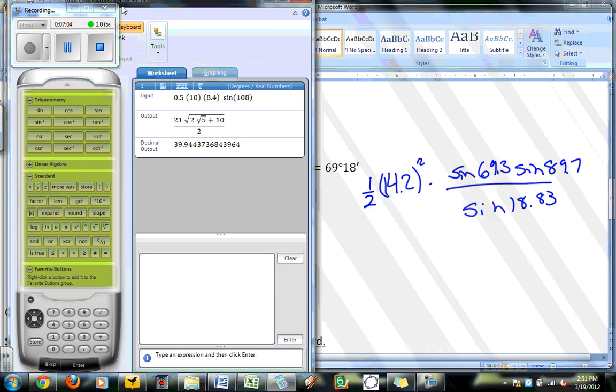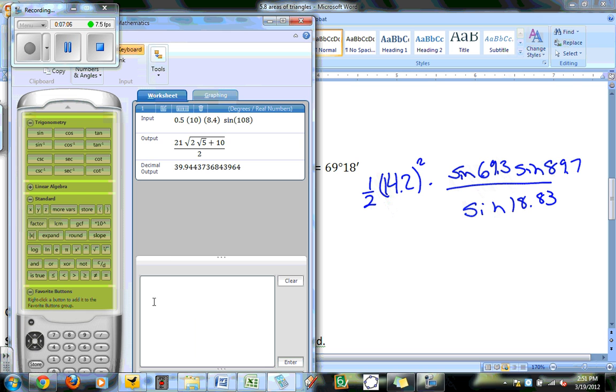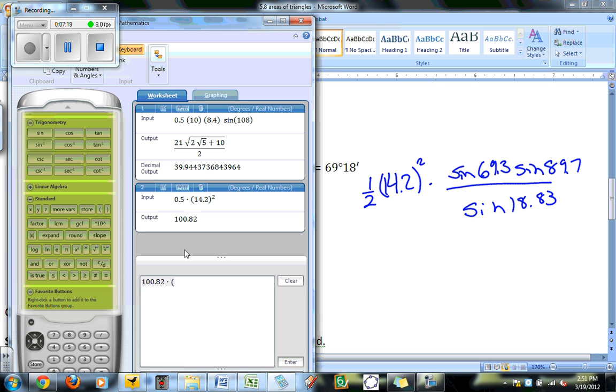All right, and then just to figure this out, we just type it into our calculator. So we'll say, first of all, 0.5 times 14.2 squared. We get 102, and we'll take that times, let's see, I'm gonna have to do another parentheses, sine of 69.3 times the sine of 89.7.